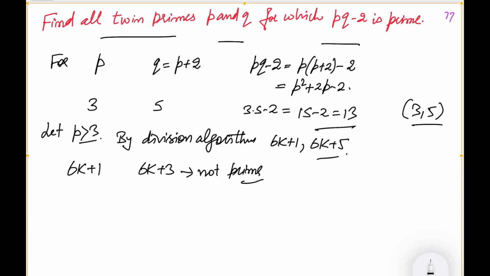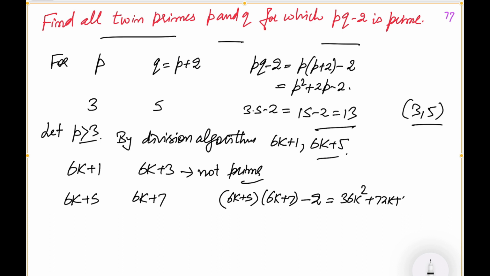So this is rejected. Now the second option 6k plus 5, we have 6k plus 7 here, and we get 6k plus 5 times 6k plus 7 minus 2. After simplification, this comes out to 36k square plus 72k plus 33, which is a multiple of 3, 3 times 12k square plus 24k plus 11, which is not prime.